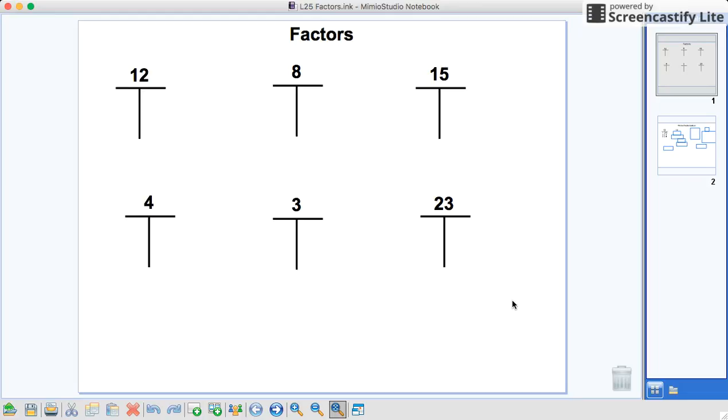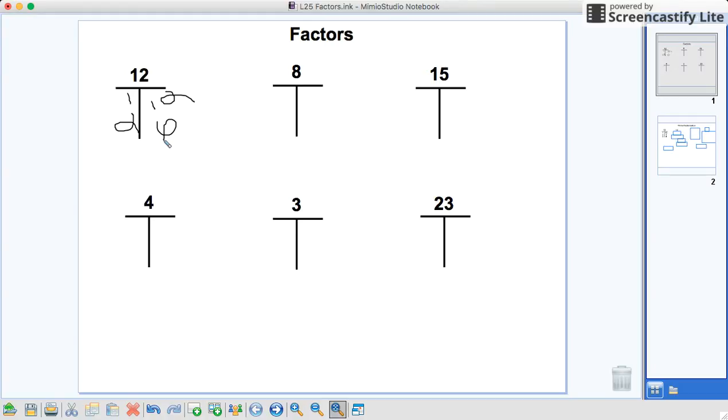We set it up so that we have a T-chart with the 12 at the top. And we always start with the first pair, which is 1, gotta take my pen, 1 and 12. The next pair, 12 is a multiple of 2, so I know I can do 2 and 6.